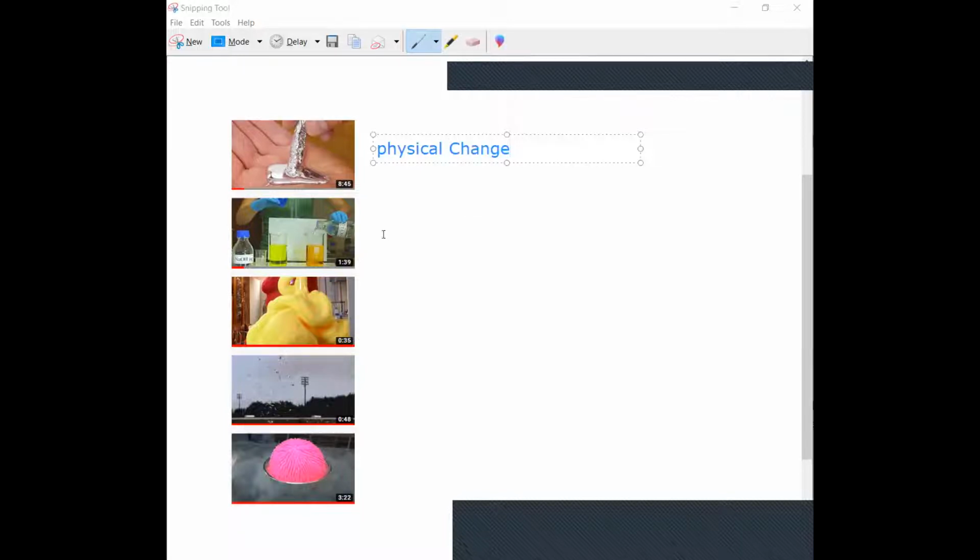Okay. How about this next one? This was kind of a weird one, and you might not have gotten all the chemicals that were involved here, but it ended up looking cloudy, and we had something that formed called a precipitate. A precipitate means that it's gotten kind of chunky.